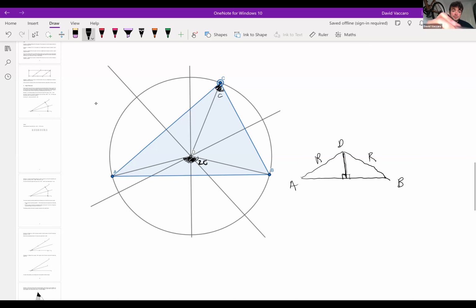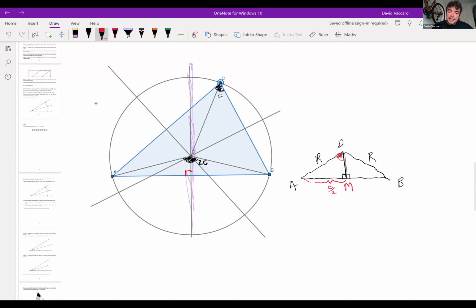In fact, this line here was just the perpendicular bisector. Now, the distance from A to M is half of the distance from A to B. And so in standard notation, that distance A to M is side length c over 2.